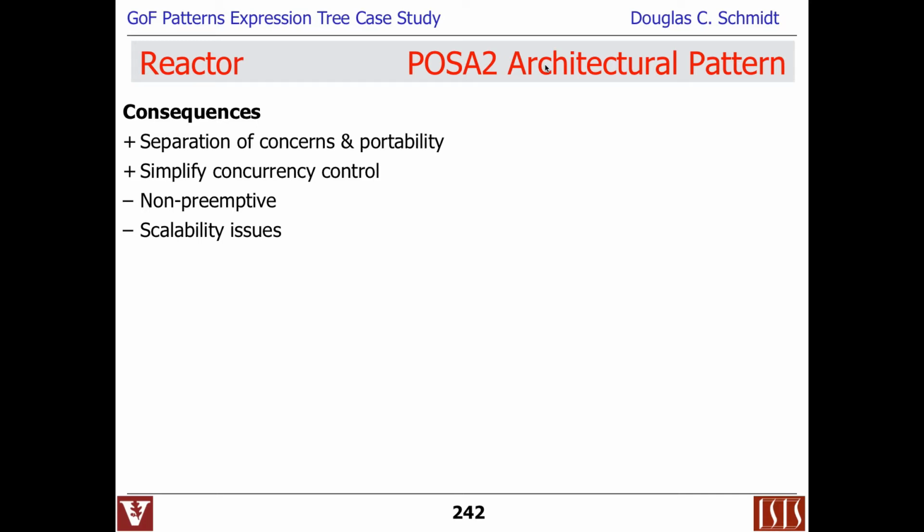So non-preemptive means not going to be interrupted. So the reactor, when it's a single-threaded reactor and it's doing callbacks to handlers, to event handlers, uses a non-preemptive model, which means that as long as that callback is doing something, the reactor won't do anything else, which could be a problem if the time taken to do something is longer than the arrival of the next thing to do.